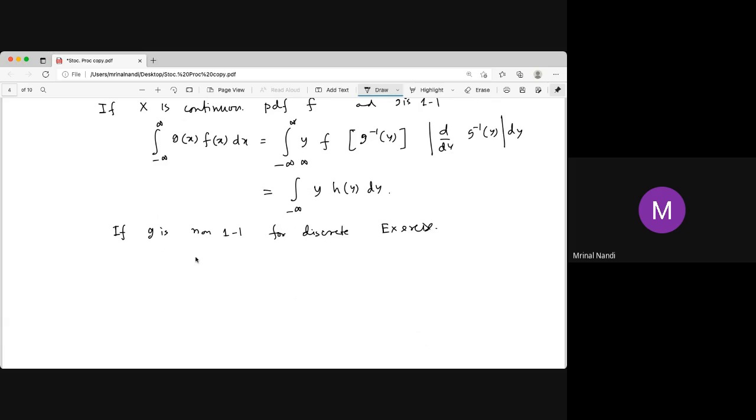So we will not prove it for the case where g is continuous and not one-to-one.